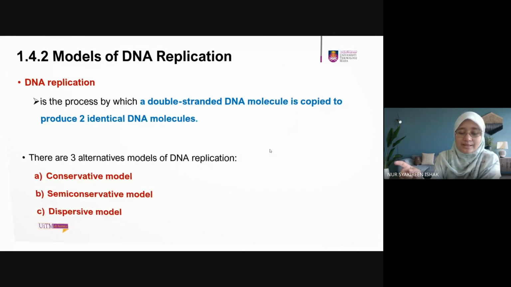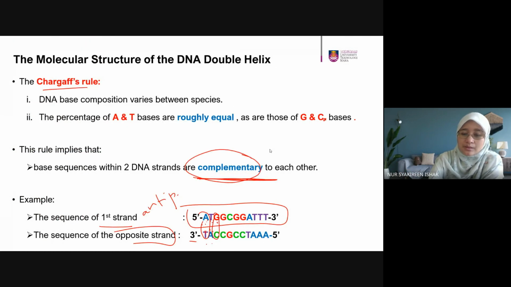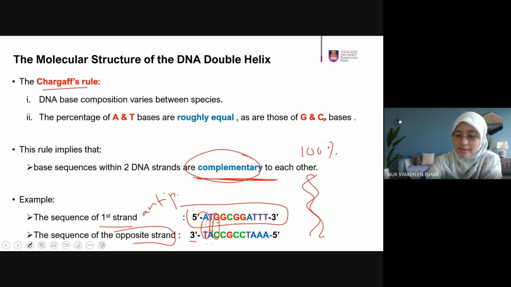Yang ini saya cerita sikit, saya lupa. Kalau dalam satu DNA molecule, the bases total 100%. Kalau ada adenine 25%, thymine also 25%. Kena ada 25% adenine to pair with 25% thymine.